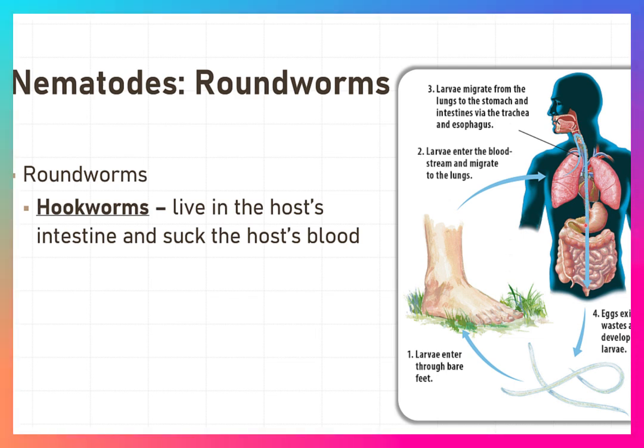Then the mature worm attaches to the intestine, and eggs from that mature worm pass out through the feces, and the cycle begins again. This is the reason when you're in pasture lands, you don't walk around in bare feet.